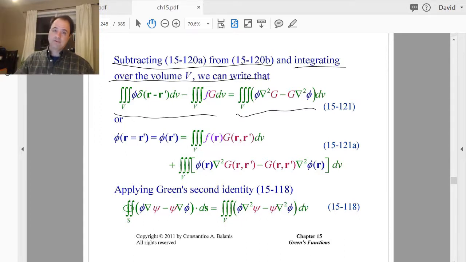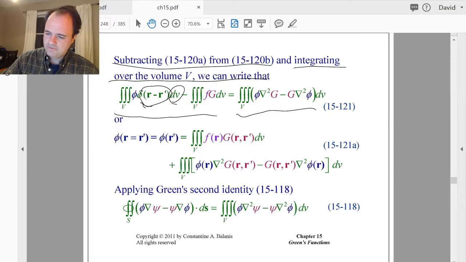I wish they wouldn't have done it that way, but they did. Of this, but this is a delta function integrated over the entire volume. So this simply becomes φ of r. And then we can bring this over to the other side, and so we get φ is equal to the volume integral of f times G, the volume integral of this right here.